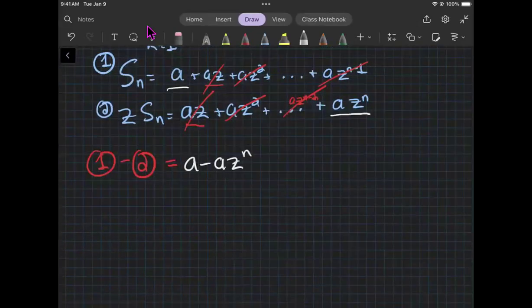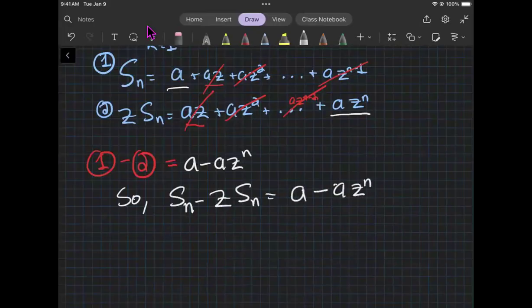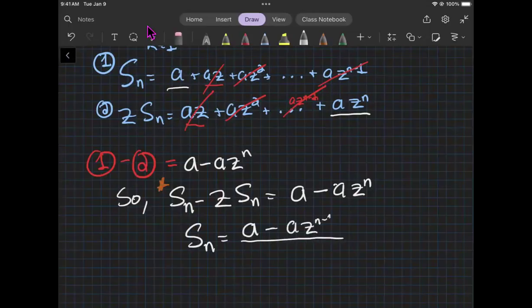So I'm going to write out what this equation reduces down to. We'll have s of n minus z times s of n equals a minus a times z to the n. So if we solve for s of n in this equation, we'll have the sequence of partial sums for a geometric series: a minus a times z to the n, divided by 1 minus z.